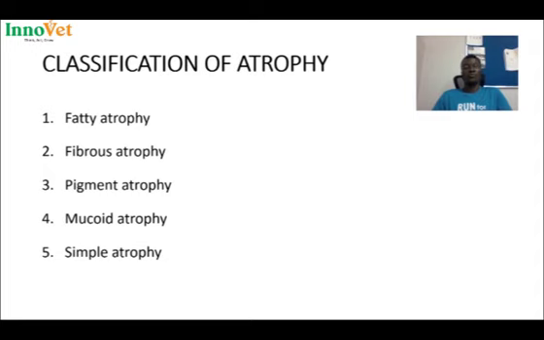Whereas in fibrous atrophy, the lost cells are being replaced by the fibrous cells. And then in pigment atrophy, the lost cells are being replaced by different pigments. It can be melanin, or any other pigment within the body. Then mucoid atrophy is where these atrophied cells will shrink to a size and then disappear to form mucoid substances.